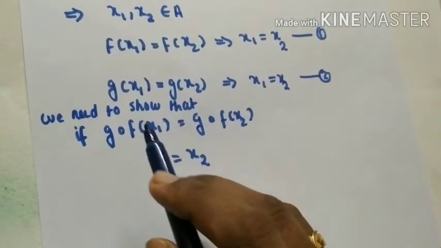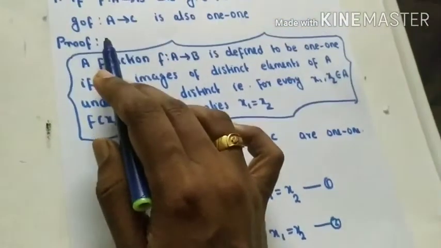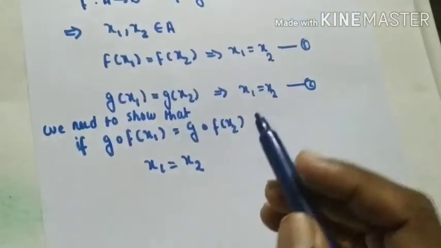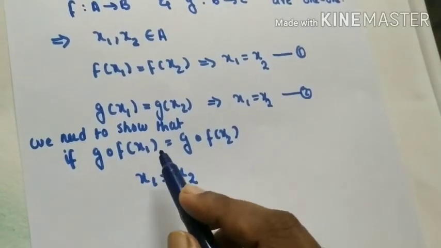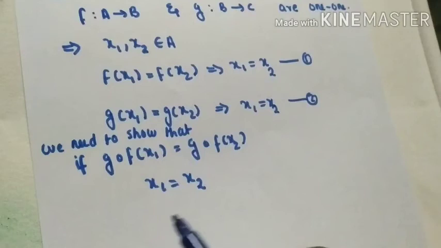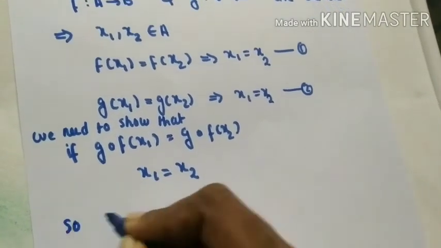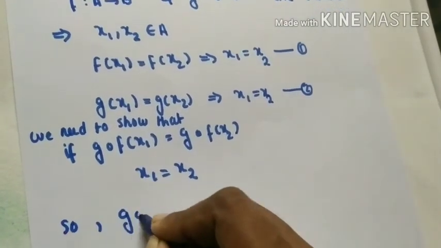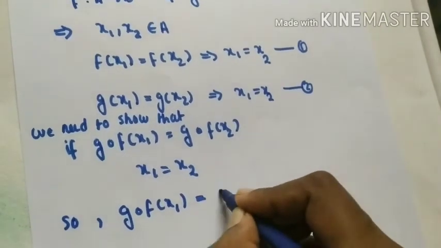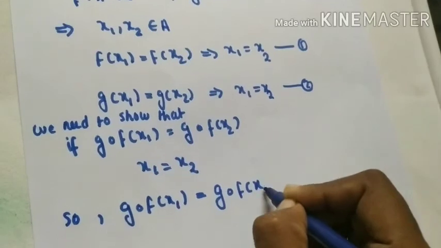To prove that g of f is one-one, we need to show that if g of f of x1 equal to g of f of x2, then x1 equal to x2. So, we have g of f of x1 which is equal to g of f of x2.